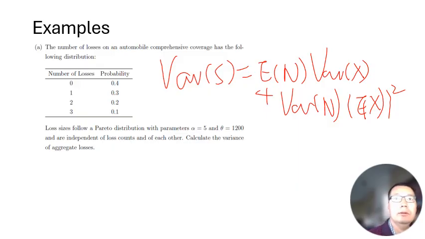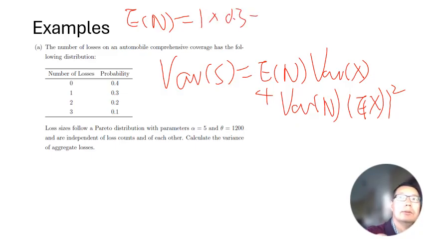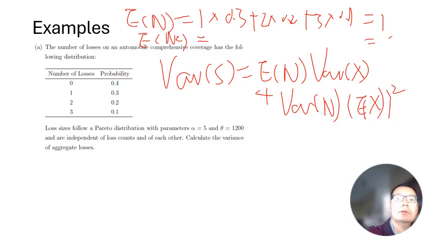First of all, we calculate E[N] and E[N squared]. E[N] will be equal to 1 times 0.3 plus 2 times 0.2 plus 3 times 0.1, which equals 1. And E[N squared] similarly will be equal to 2. You just need to use 1 squared times 0.3 plus 2 squared times 0.2 plus 3 squared times 0.1.